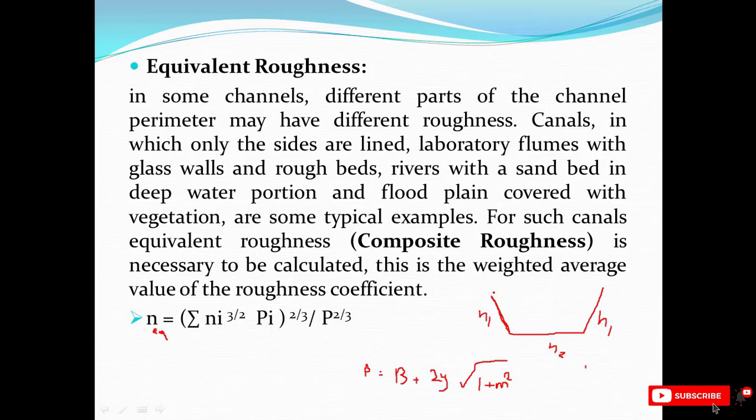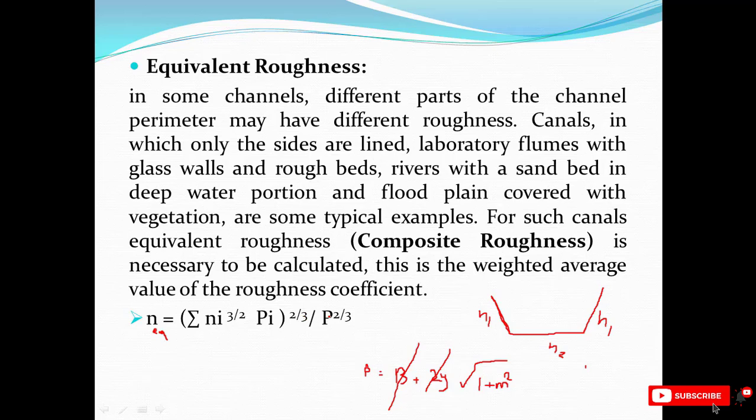This p is for both sides, this and this. It means if we remove b, we get the total length of the sides. This is p for this side and bed. If we want only the two sides, remove b from the equation. This is for both sides, n1 n1. If I want just one side, remove 2. This is for one side.